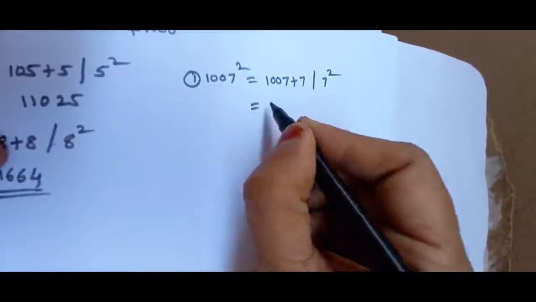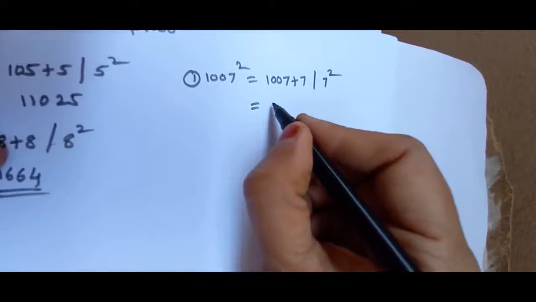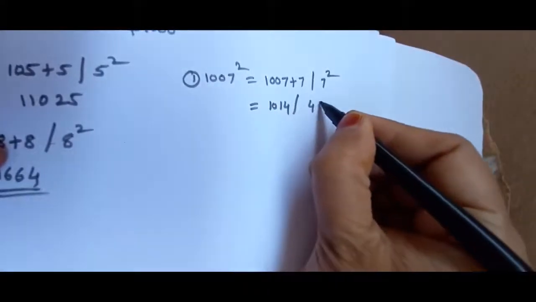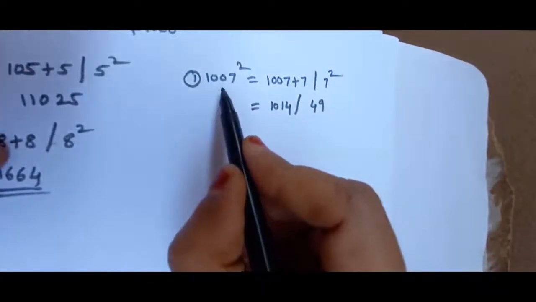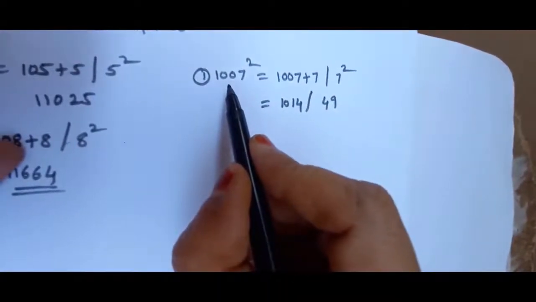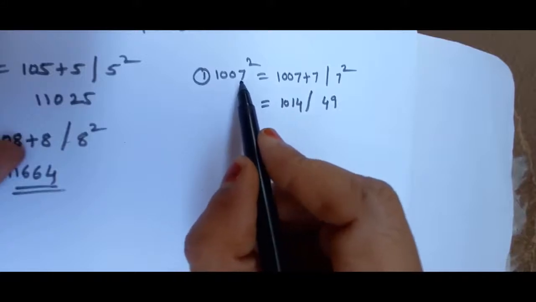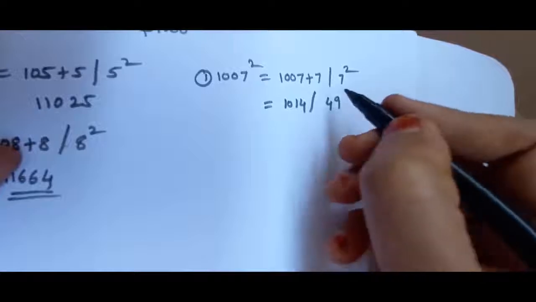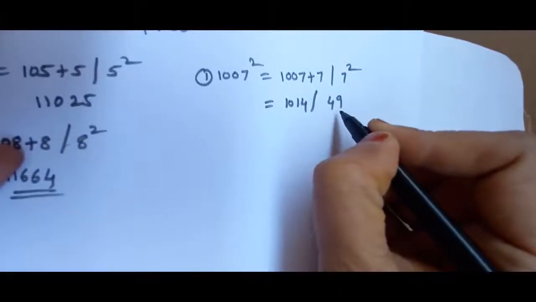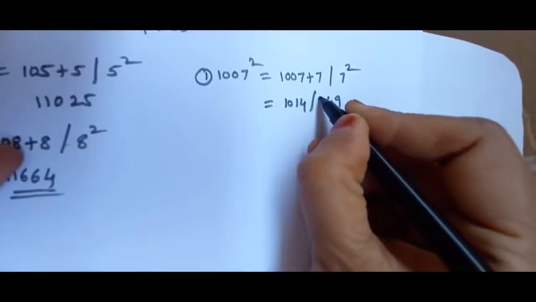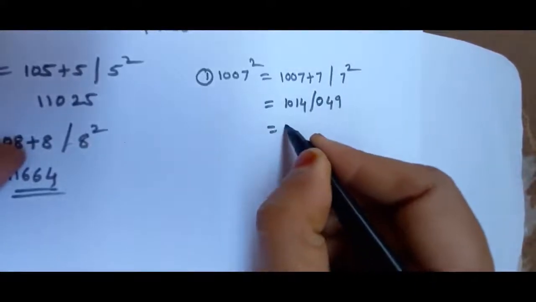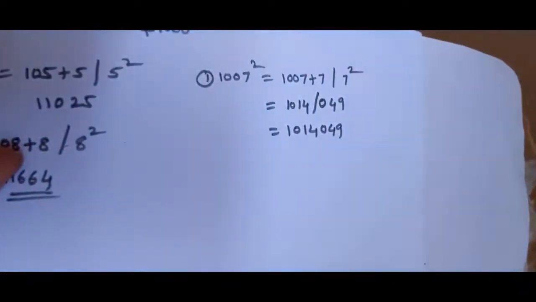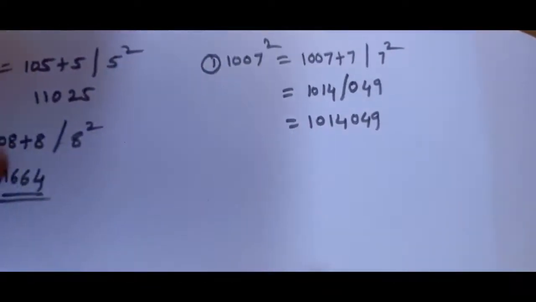So 1007 plus 7 is equal to 1014. 7 square is 49. But here the base is 1000, so 3 digits are there for 1000. So the answer also we need to take in 3 digits. But we got only 2 digits. What do we need to do? We need to add 0 here. So the answer is 1014049.